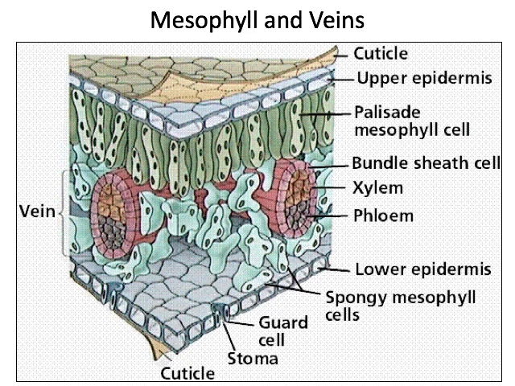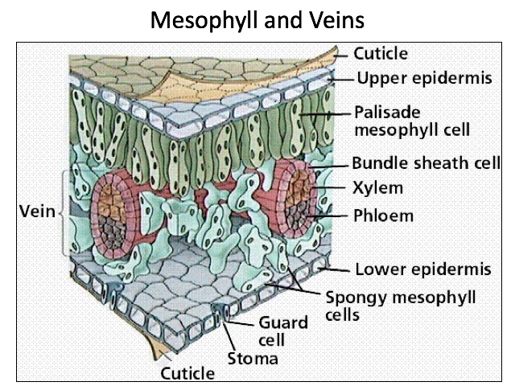In this diagram, it shows us the palisade and spongy mesophyll in relation to the vascular tissue and the epidermis. Notice the stomata are on the lower epidermis only, and notice the palisade mesophyll is dense with chloroplasts. In fact, the palisade contains up to 80% of the chloroplasts of the plant.